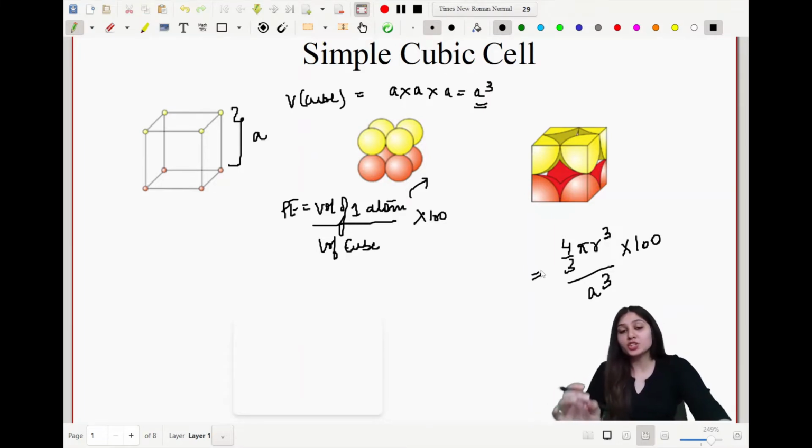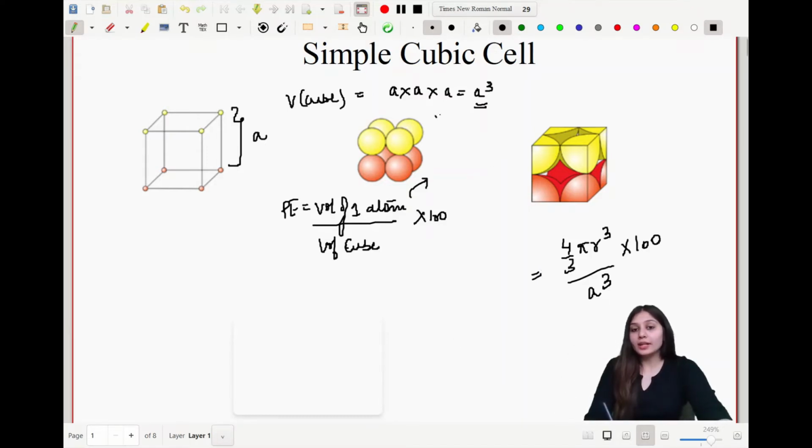What is the issue? The issue is that we have two variables here. We have r as a variable, we have a as a variable, and we cannot solve any further unless we establish a relation between a and r. So let's do that, okay? If I look very carefully in the structure of the simple cubic cell, I can very clearly notice that this is the radius of one atom, which is r, okay?